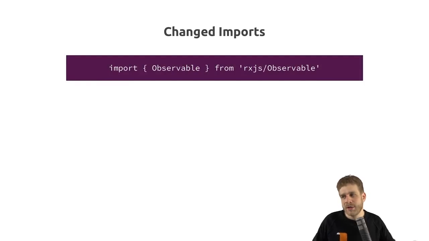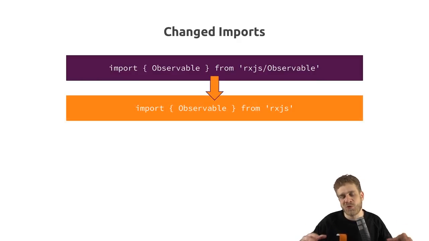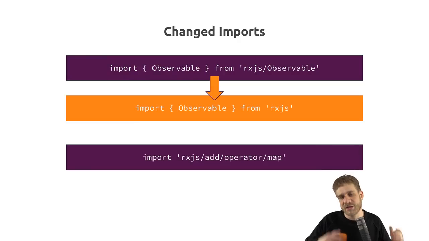In general, in the past you had imports like this: import Observable from 'rxjs/Observable', or import Subject from 'rxjs/Subject'. In the future, you'll just have import { Observable, Subject } and so on from 'rxjs', no /something. For operators, you typically used import 'rxjs/add/operator/map', or 'rxjs/Rx' if you wanted to import everything.